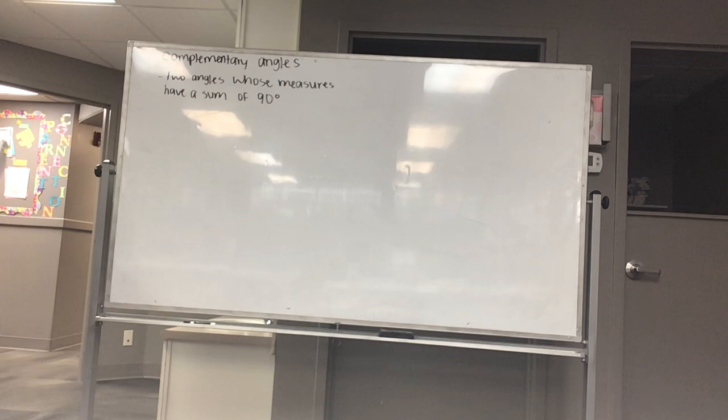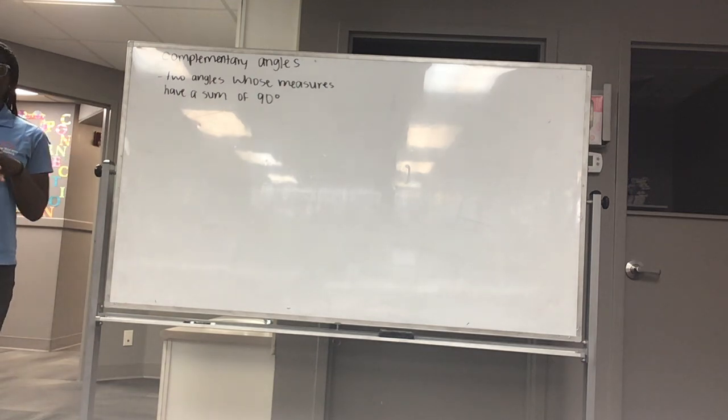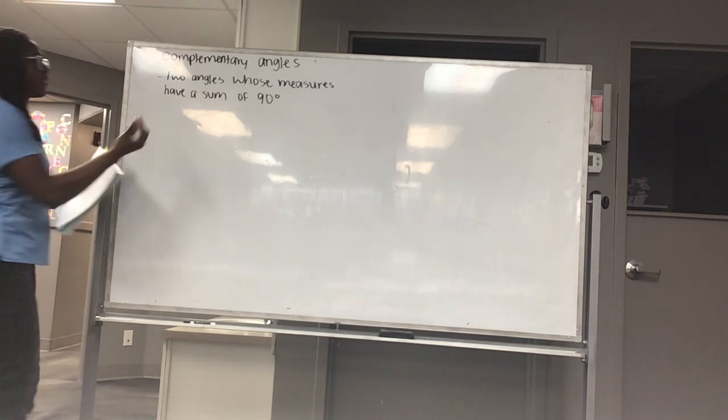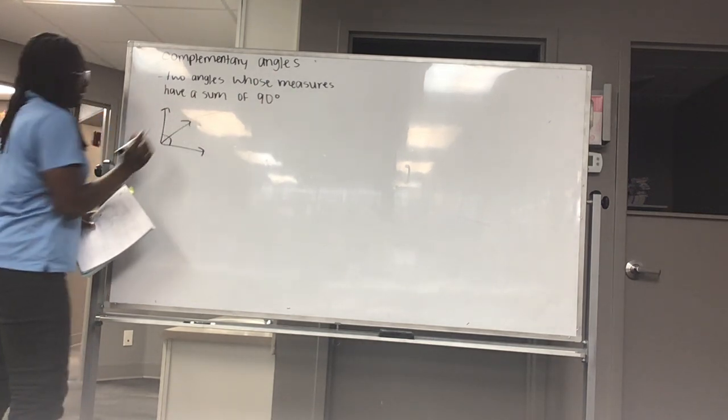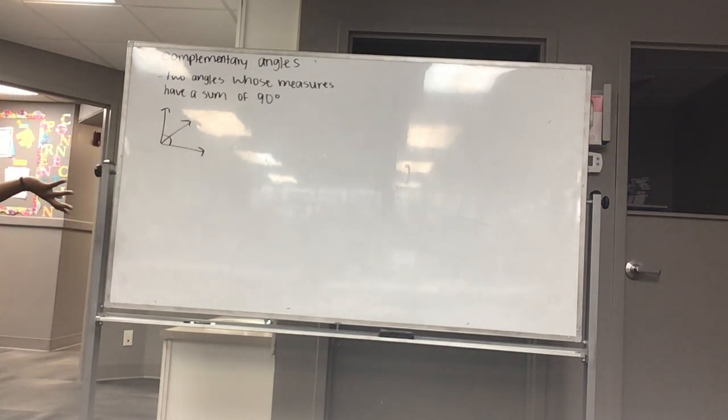Okay, so complementary angles are two angles whose measures have a sum of 90 degrees. And so if I were to draw an example, my two angles here form a right angle, so they should be complementary because their sum is 90 degrees.